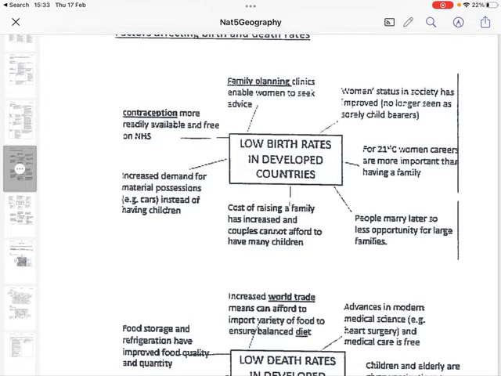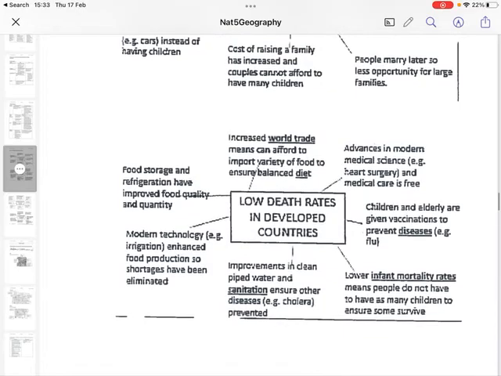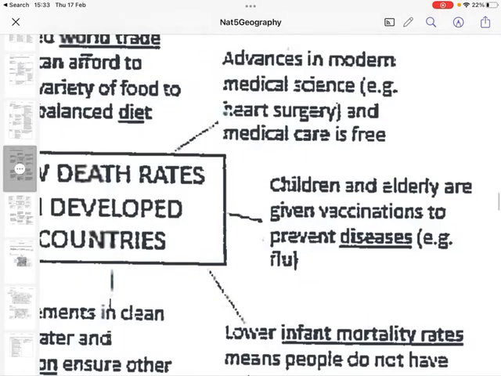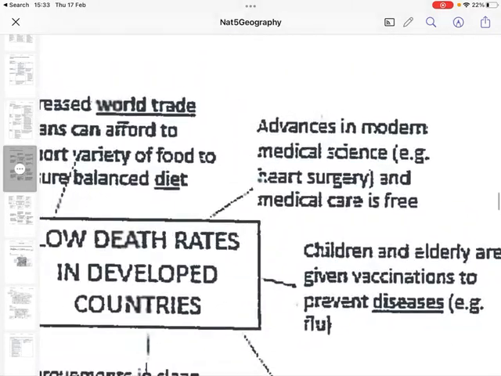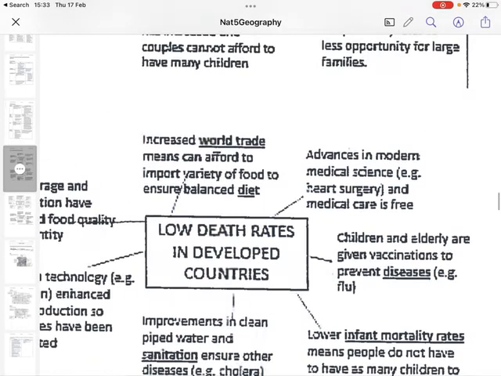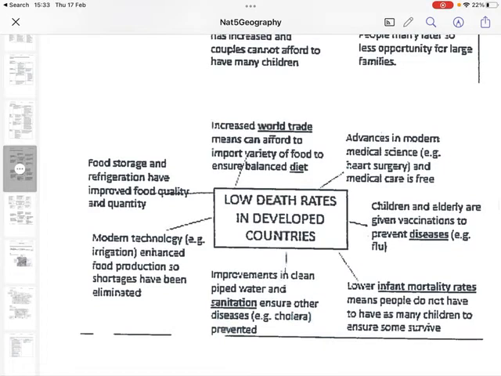Then you say that, okay, they're living longer in the USA, so there's a low death rate. Vaccinations to prevent diseases, advanced modern medical science such as heart surgery or life support machines means that they can live longer, or transplants, all this sort of thing.